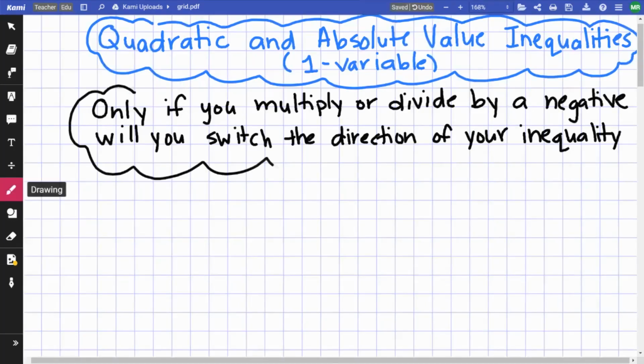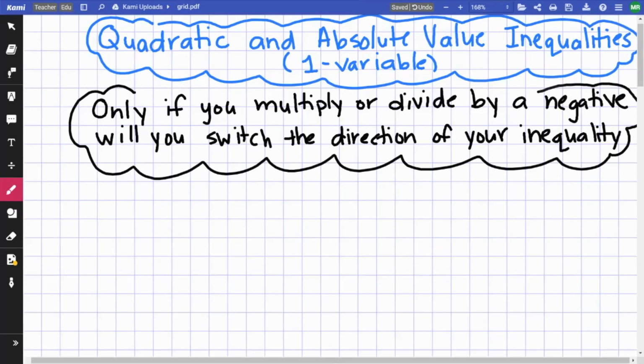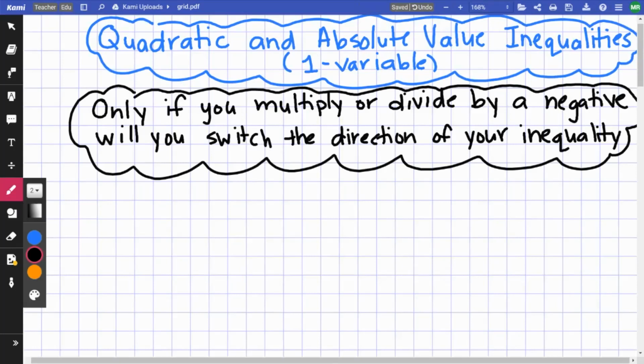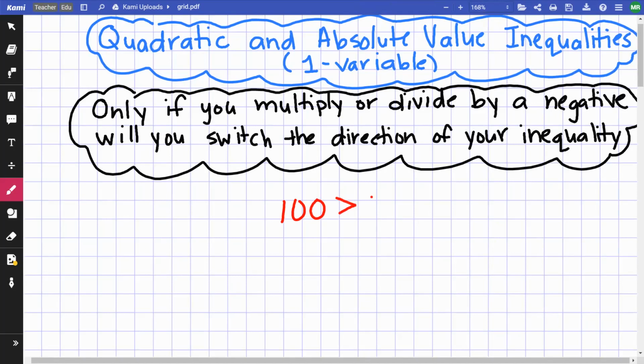And the reason for that is the following. I'm going to put a little example here and I'm going to take it off, but I'm just doing this so you kind of understand why. So I'll do it in red. Again, I'm going to erase it here in a second. Do you guys agree that 100 is greater than 1? Well, what if I multiply this side by a negative and this side by a negative?